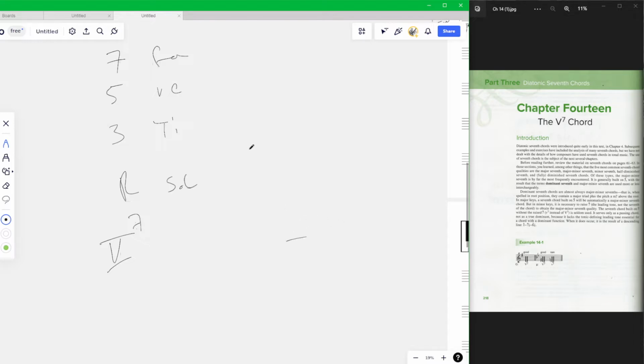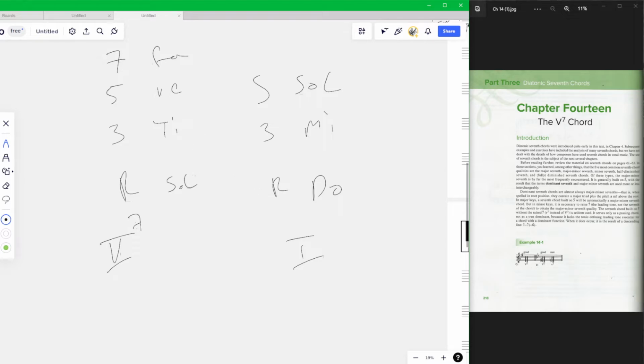Now let's look at the 1 chord in major. We have the root, 3rd, and the 5th. We're not talking about 1-7, so it's just a triad. We have Do, Mi, and Sol. Now, we have a common tone between these two chords, and that's Sol, right?